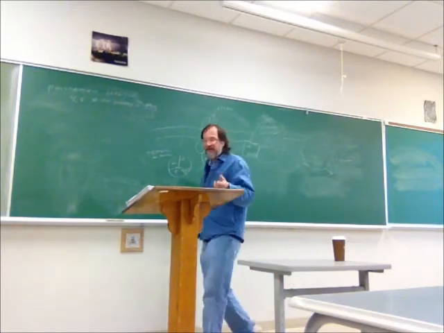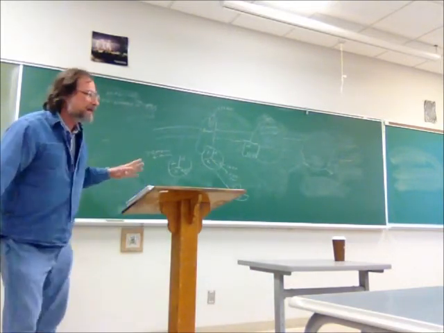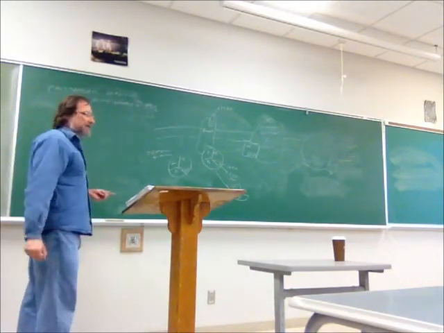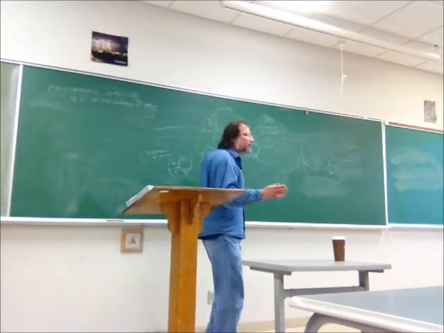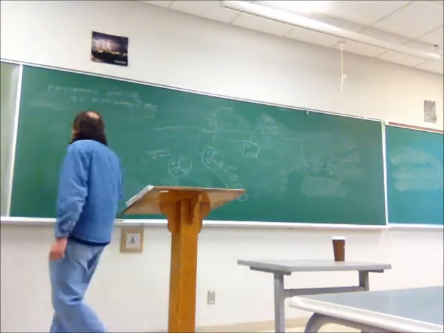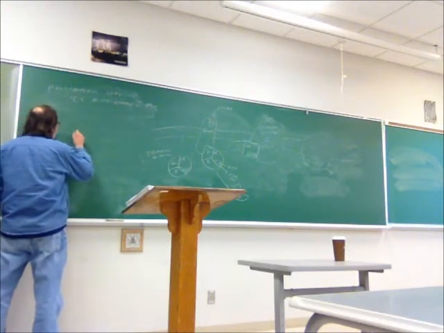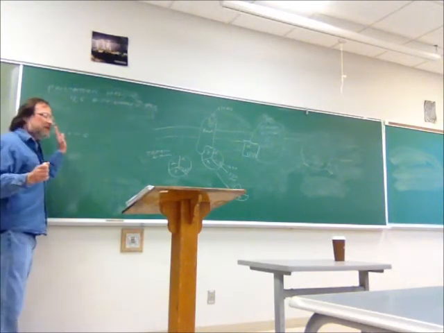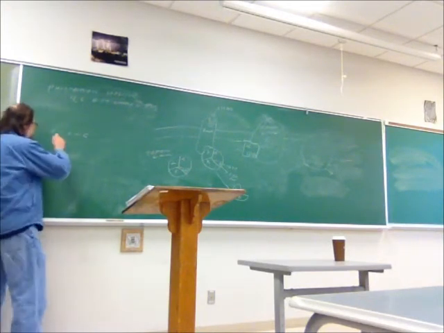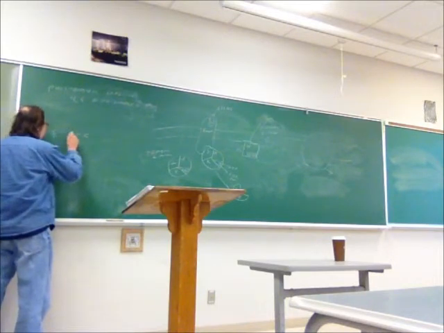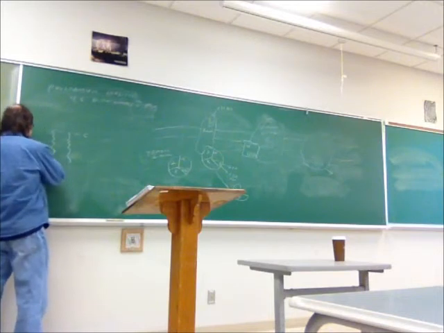PIP2 is a common abbreviation for this phospholipid. There are a couple of other abbreviations for it, but PIP2 is common. Now, what does that mean in ordinary English? Let's go back to our phospholipid structure and see what we have. Typical phospholipid, we've got this glycerol backbone. I'm not going to draw everything in it, we're just going to draw the glycerol. And what we have here, coming off of two of the carbons, are fatty acid chains.